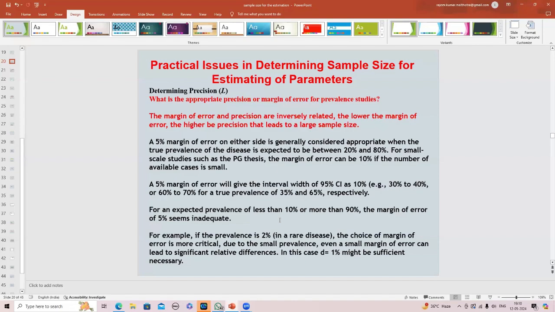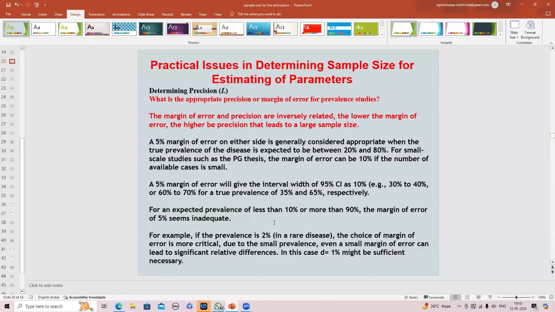So the choice depends on the researcher. It also depends on the cost and the availability of patients. You can consider that when calculating the margin of error. I think I have answered your query. Thank you, sir.